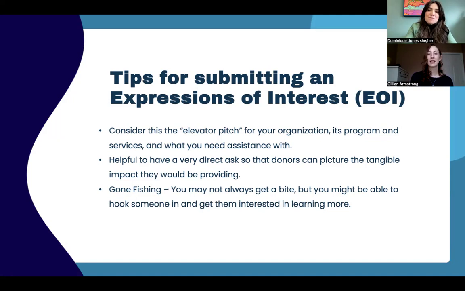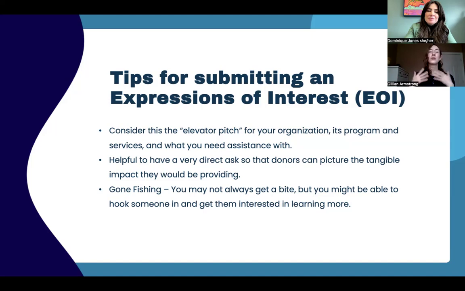If there's a very specific, tangible need for your organization, this can be really helpful for donors to wrap their minds around and go, okay, I understand that if I provide this, X will happen and it will have this outcome.